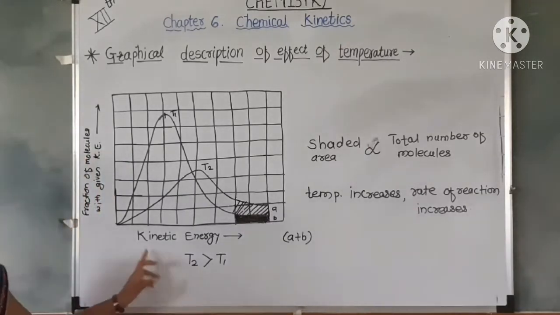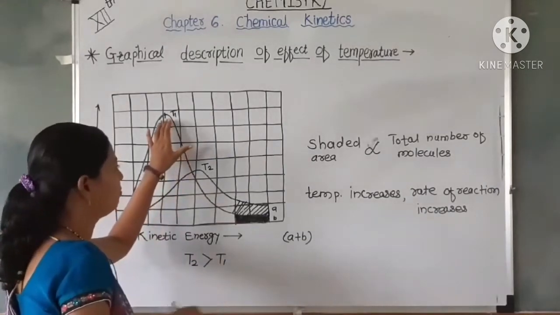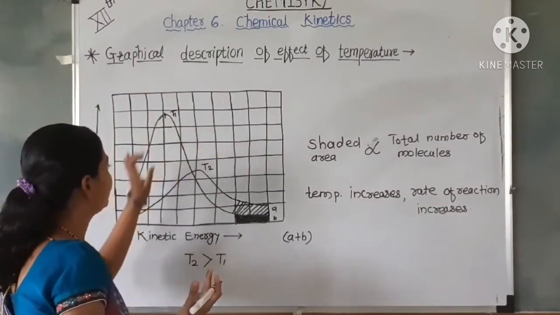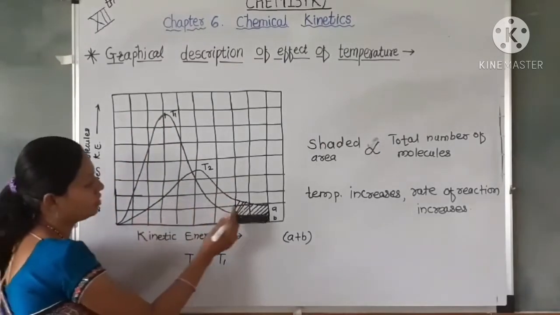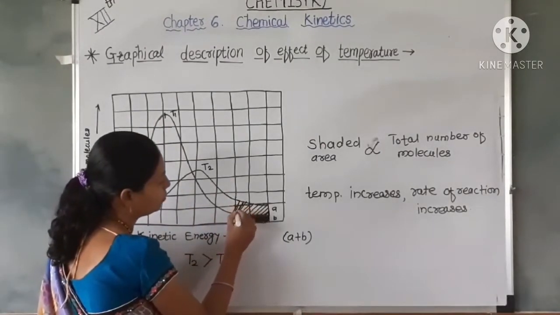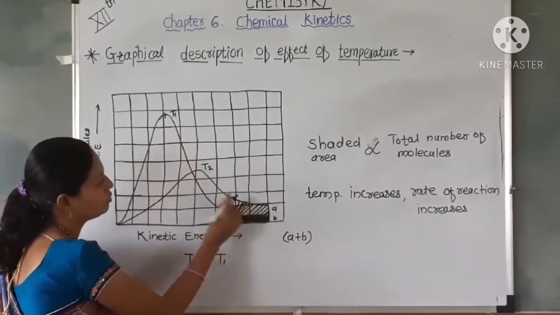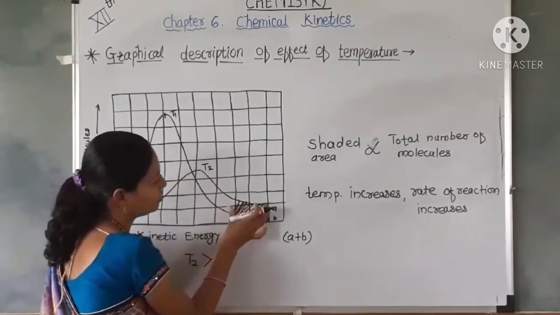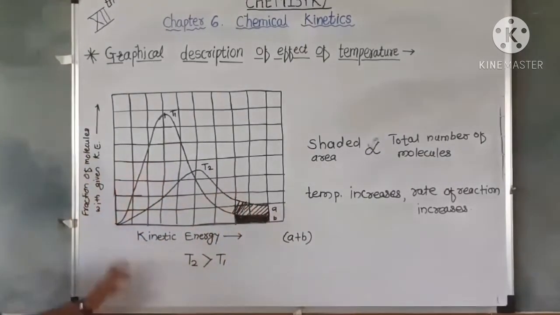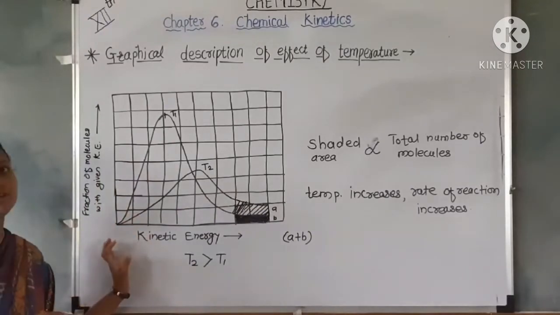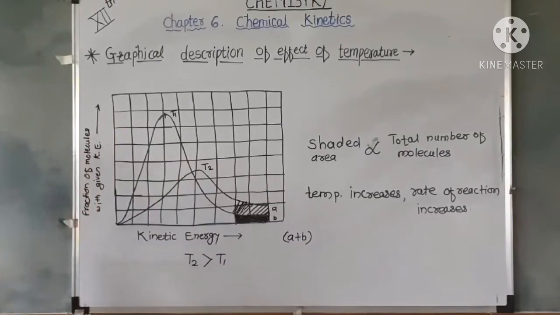In T1 and T2 the total area is the same, but at temperature T2 the area beyond EA is greater than at T1. Therefore, the rate of reaction increases with the increase of temperature. This is the graphical description of the effect of temperature.